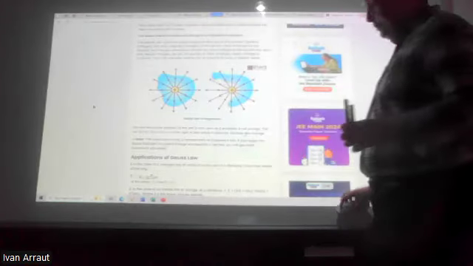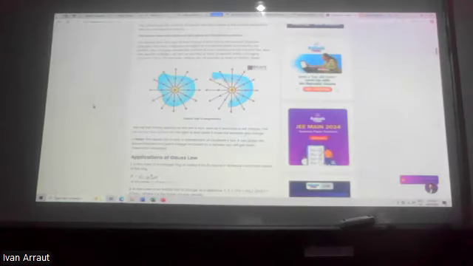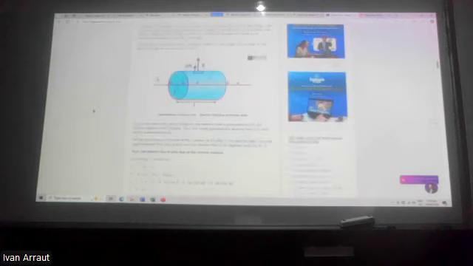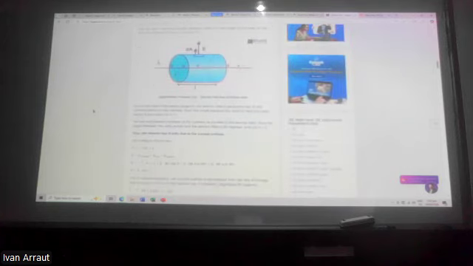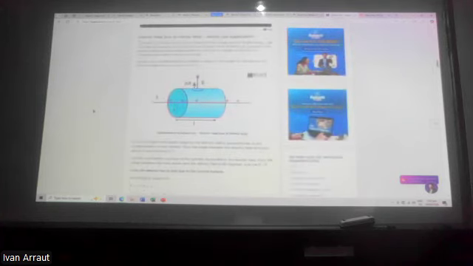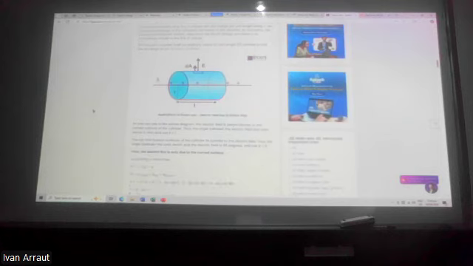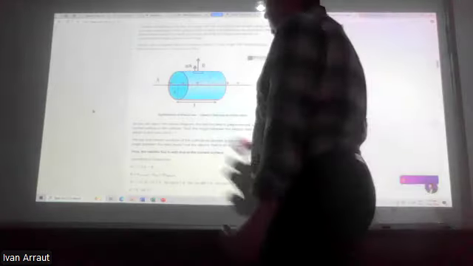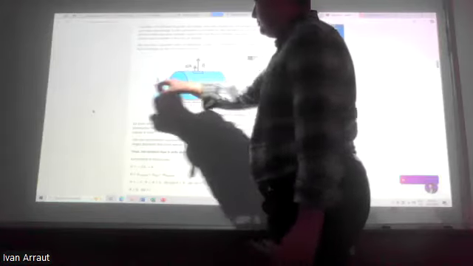Now, let's go to other geometries. We already saw how to apply the Gauss law in the case of spherical symmetry. Now let's go to a cylinder. This is a wire.